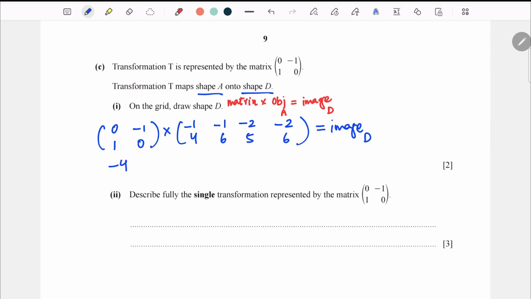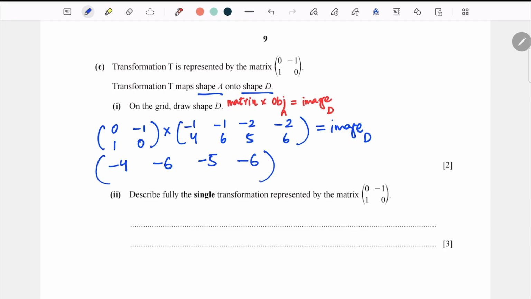So first will be -4. Then I'm going to continue. 0 with -1 will be 0, and then -1 multiplied by 6 will be -6. So the second one will be -6. Then 0 with -2 is 0, and then -1 into 5 will be -5. And the last one is 0 into -2 is 0, and -1 into 6 is -6.